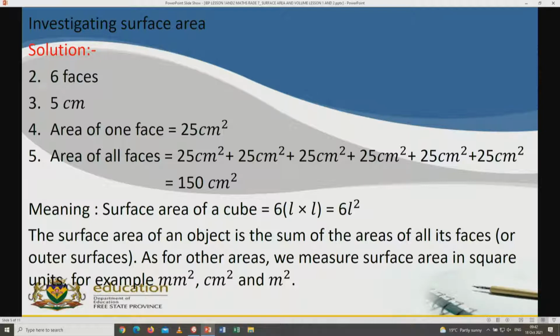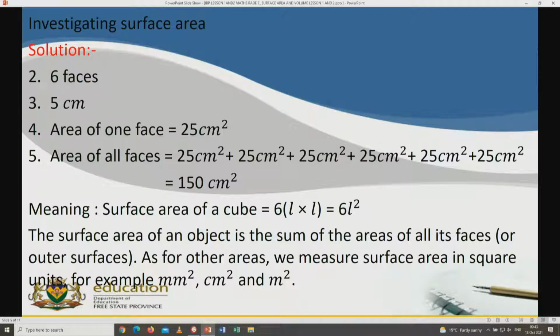We will see at a later stage that we measure surface area in square units, for example, millimeter squared, centimeter squared, and even meter squared.